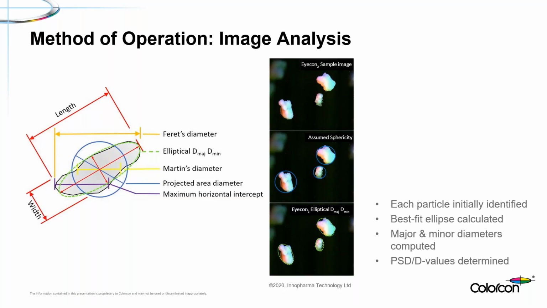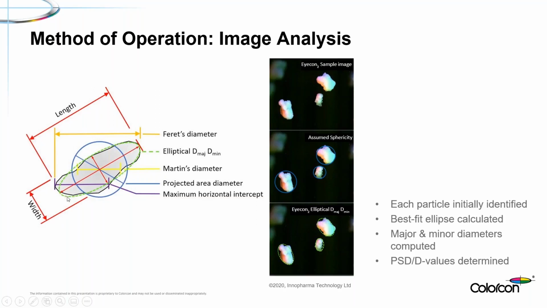So we identify the edge pixels of likely particles, and at that point the system fits ellipses to all of these possible particles. And you can see these ellipses demonstrated in the dashed green lines.